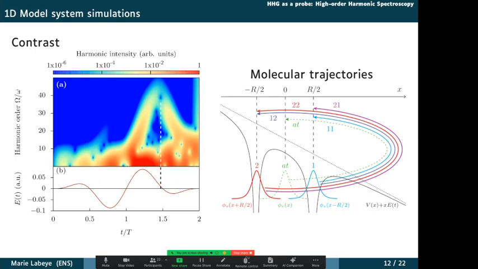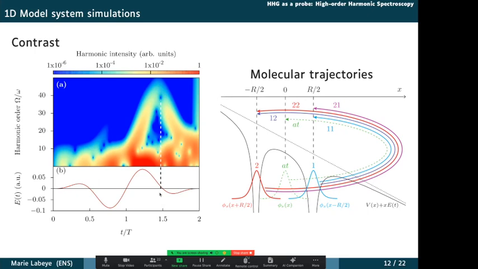And for a molecule, there is not only one atomic trajectory of an electron that leaves somewhere and comes back at the nucleus, but it can leave from one nucleus and come back to the other. And if we take that into account in the Lewenstein model, the dipole cannot be factorized anymore as it was before, and that also can explain the contrast.